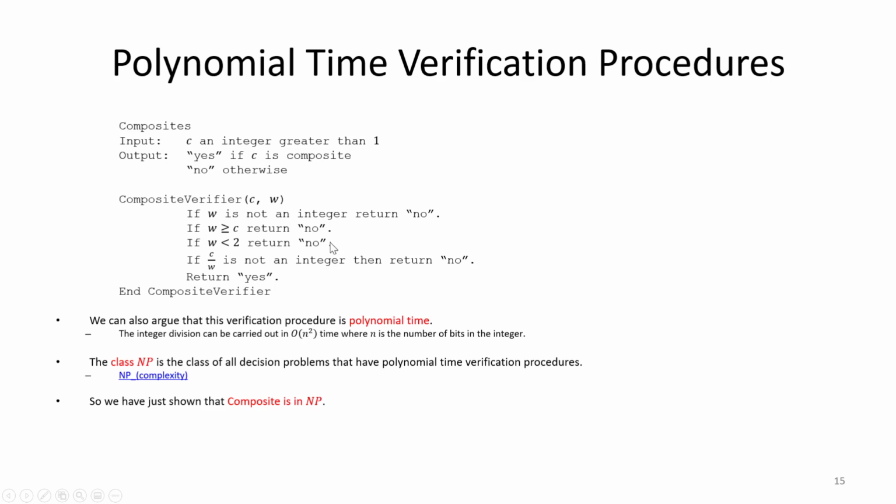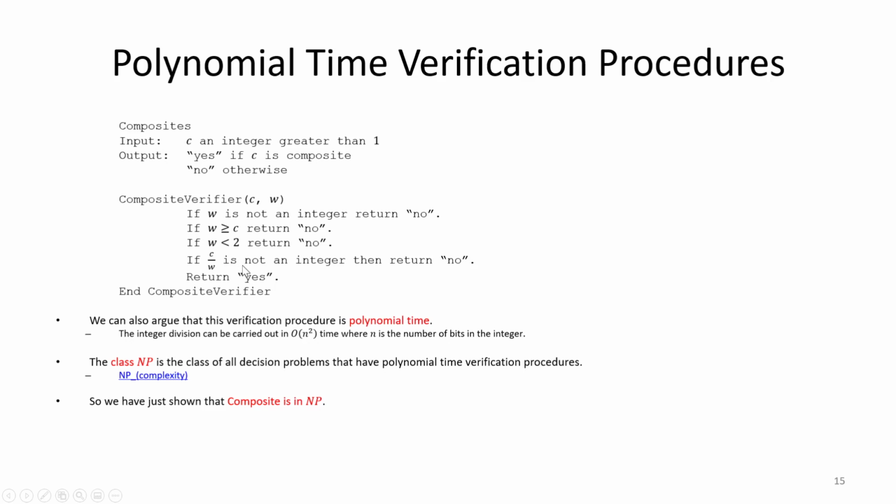So the last bit I haven't plugged in there is this polynomial time. Well, I should go line by line here and ask, can we do this in polynomial time? The first bit, checking if it is an integer or not, should probably be constant time. Each of these is just a simple integer comparison, so each should be constant time as well. So it looks to me like the most expensive thing is doing this integer division.